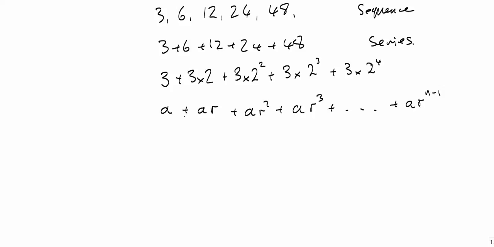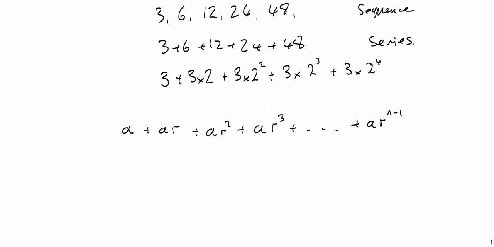So we need to find the sum of this general series a plus ar plus ar squared plus ar cubed, and so on up to ar to the n minus 1. That is the general geometric series. We add up the terms of the sequence, we get the series where the first term is a and the common ratio is r.